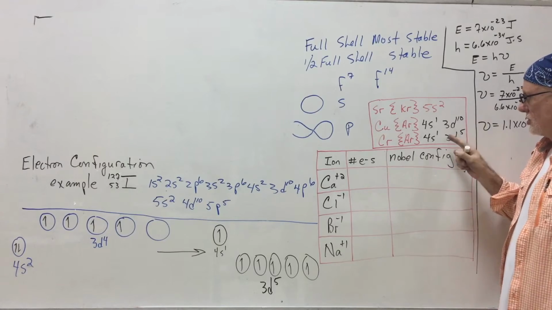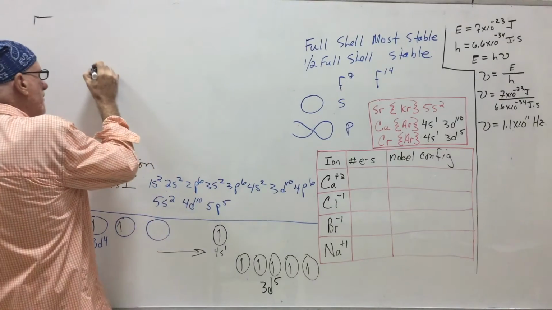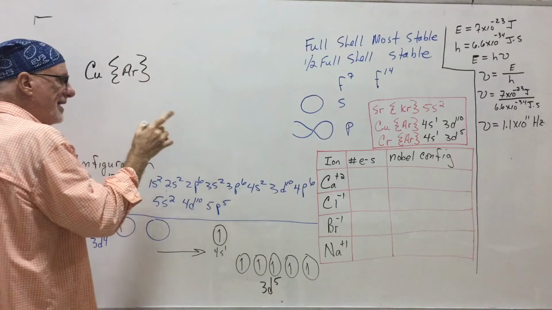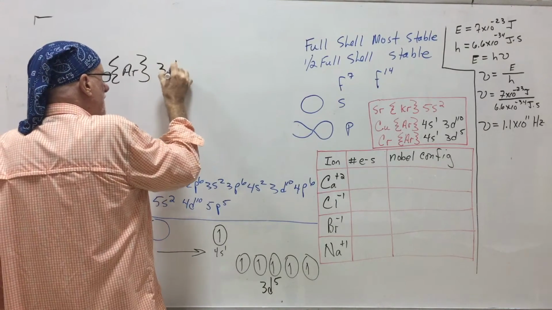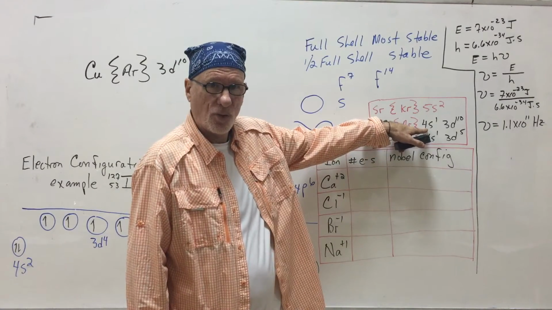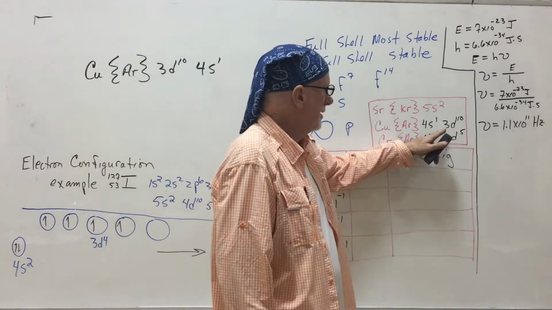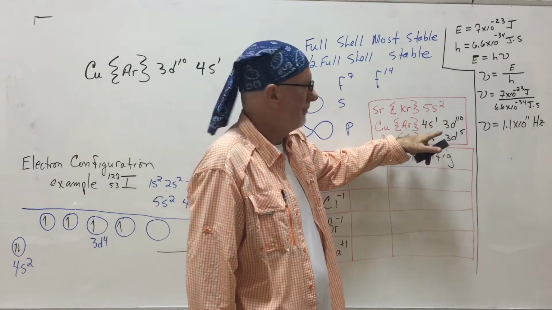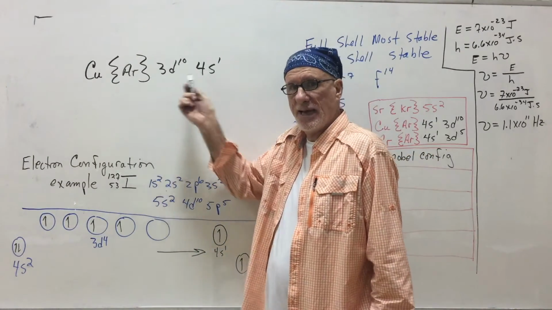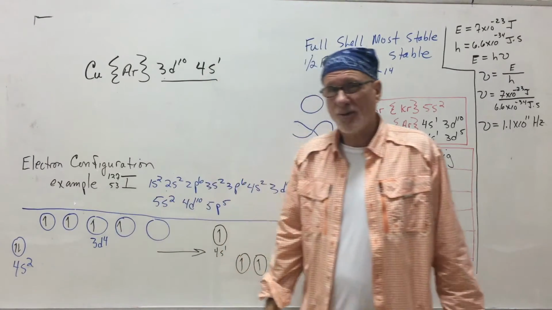So let's look at copper. Copper would actually be argon, and then 3d10 would be a lower energy level than the 4s1, and then you would write 4s1. But that's kind of splitting hairs a little bit. But if on a multiple choice test they give you that as a choice, then that's actually correct.